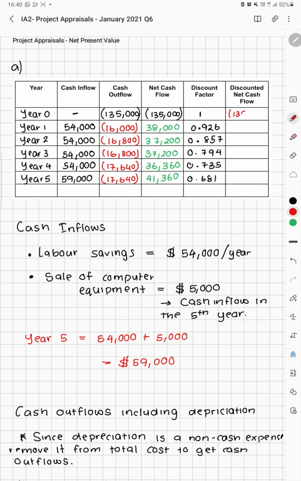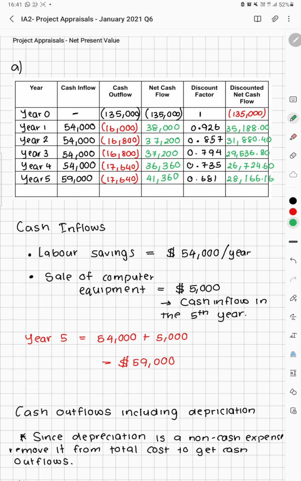So first year it's 35,188.00. Then we have 31,880.40. Then we have 29,536.80. Then we have 26,724.60 and 28,166.16.